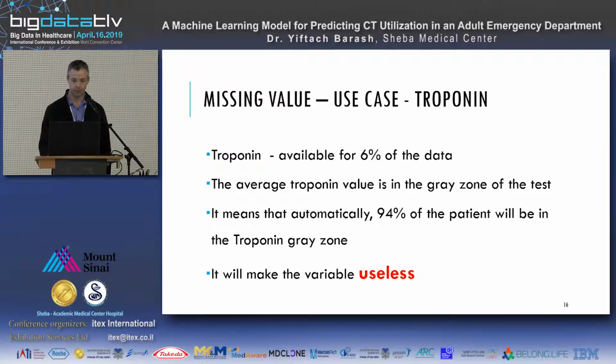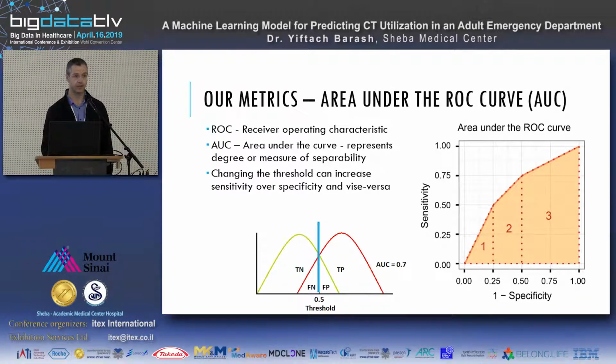Now, giving an arbitrary value to the test, for example, the average, can lead to a significant bias and make the value useless. So the CatBoost algorithm takes none as missing values and also uses the none to predict the outcome.